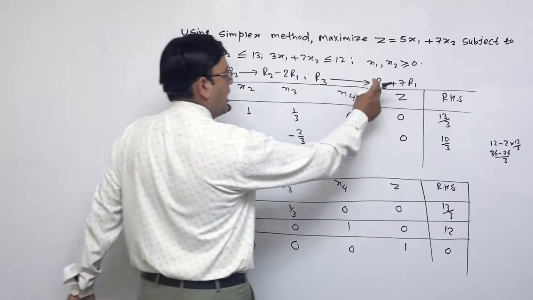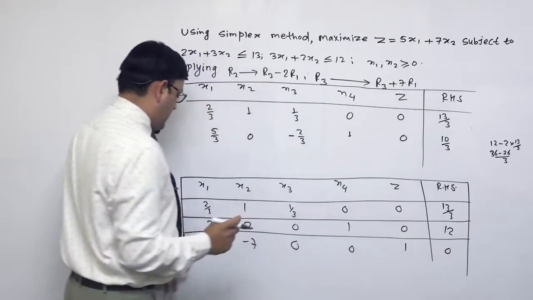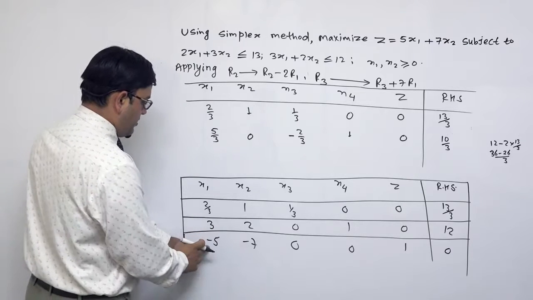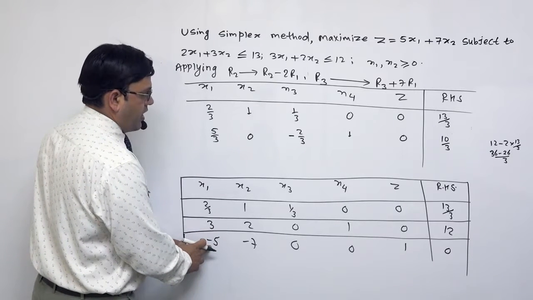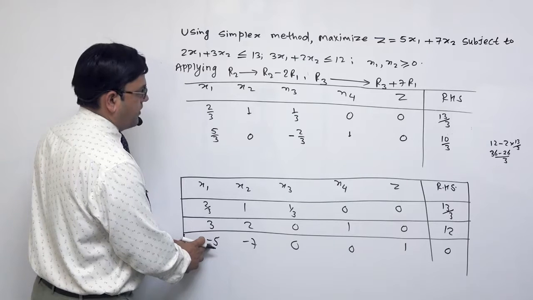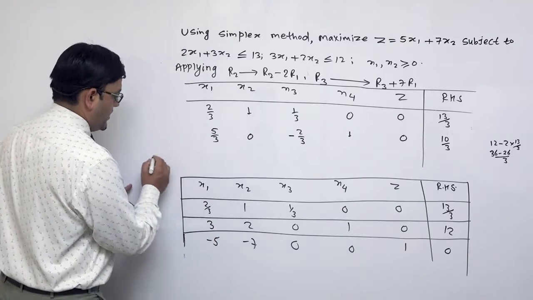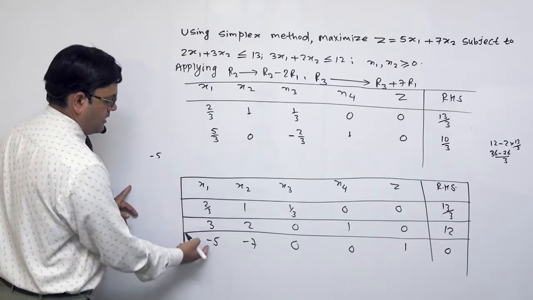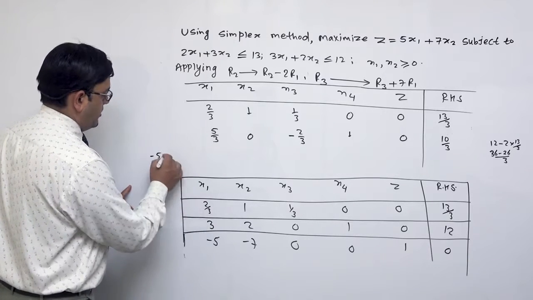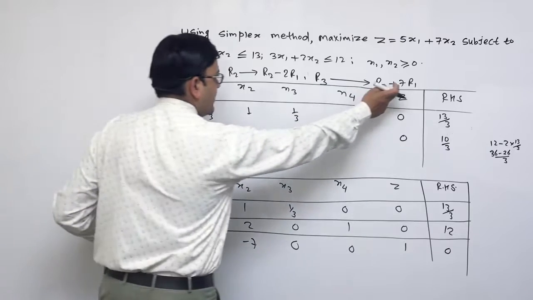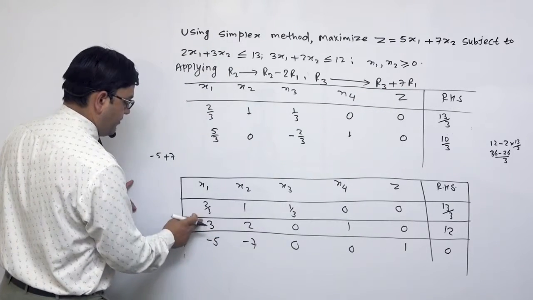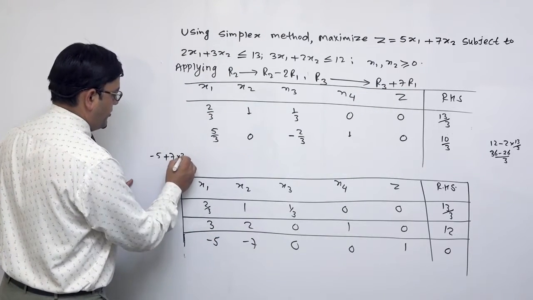Again, we have to change this third row. R3 changes into R3 plus 7 R1 छ. R3 means हाम्रो कति छ? R3 means minus 5. हेर्नुस् है. R3 means minus 5 and then plus यहाँ 7 times R1 छ. 7 times यो R1 भनेको 2 by 3.